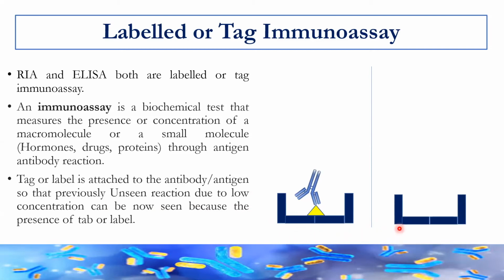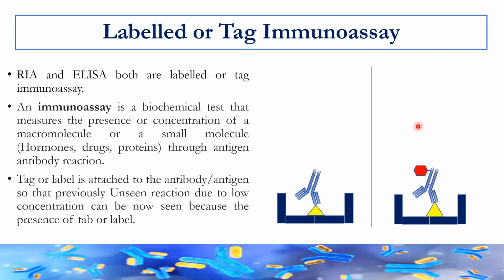So you can see, previously there was no tag or label, so this reaction was unseen. But this time, this is an antigen and this is an antibody. Now you can put a tag or a label on the antigen or antibody. Here is an example: the tag or label is added to the antibody.